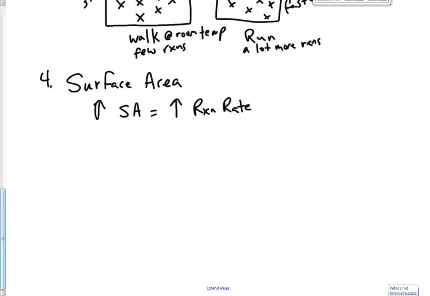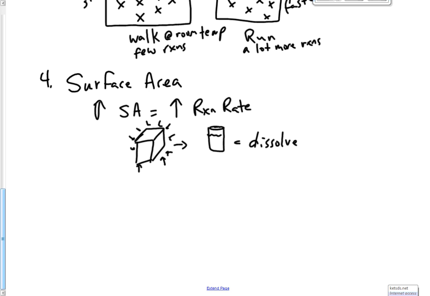So think of it as a cube of sugar. A cube of sugar gets put into a glass of water, eventually it will dissolve. As the water starts to dissolve the outside of the sugar cube, eventually it will dissolve.